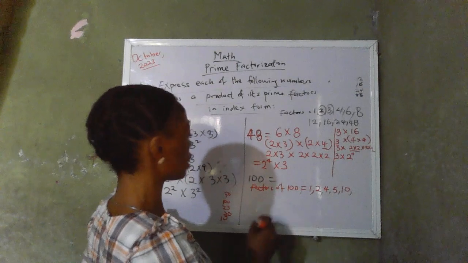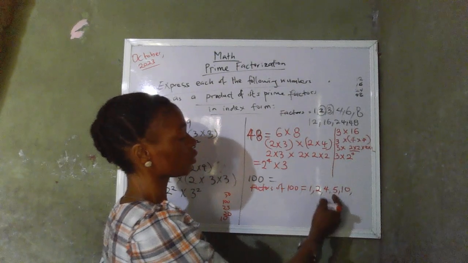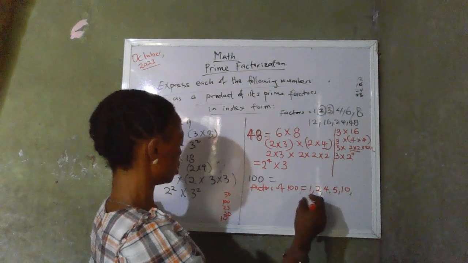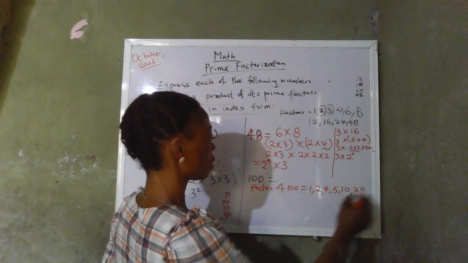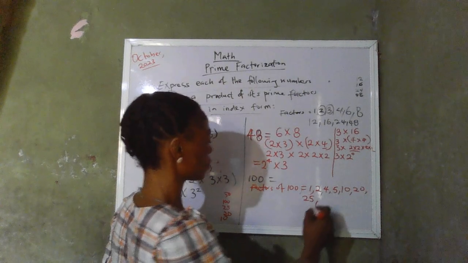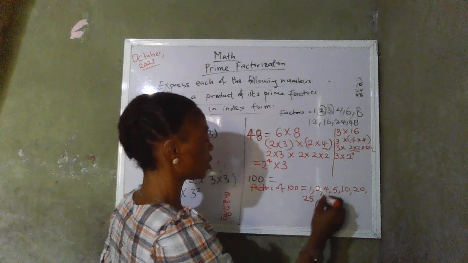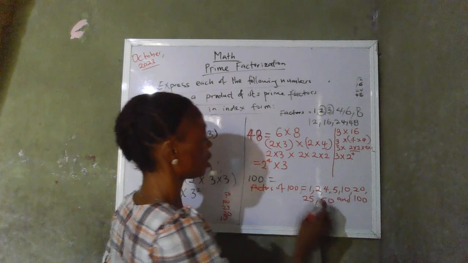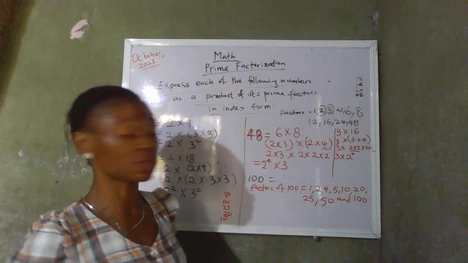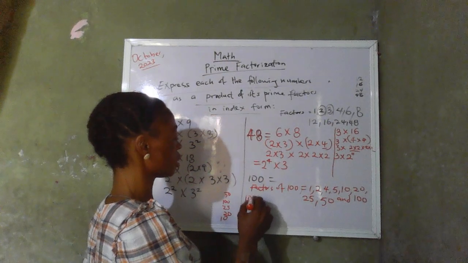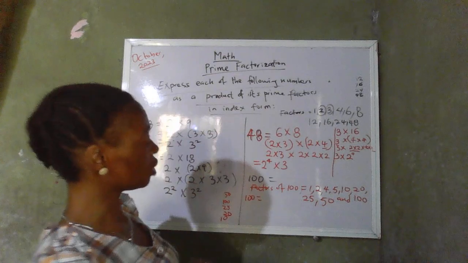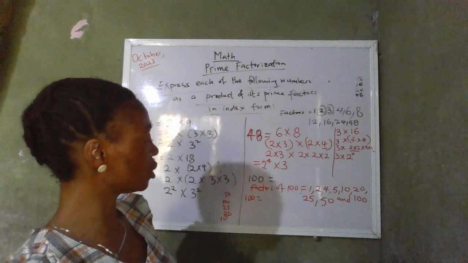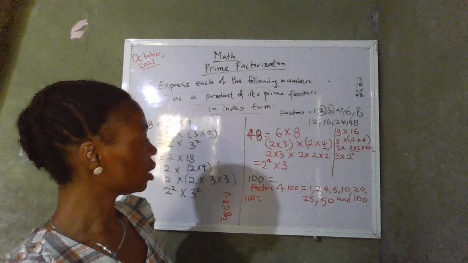So the factors of 100 are 1, 2, 4, 5, 10, 20, 25, 50, and 100. Now let's express it as a product of its prime factors.